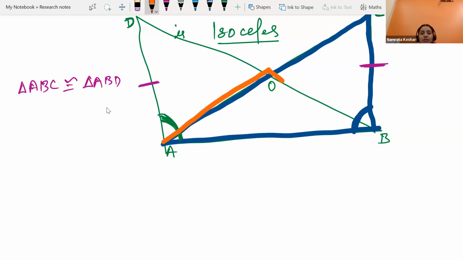In this triangle we need to show isosceles. So if we say two sides are equal, then we can say yes, it's isosceles. Or if showing sides as equal is not possible, then we can think about proving that two angles are equal. If it is possible to prove two angles in this triangle are equal, that means it's isosceles.